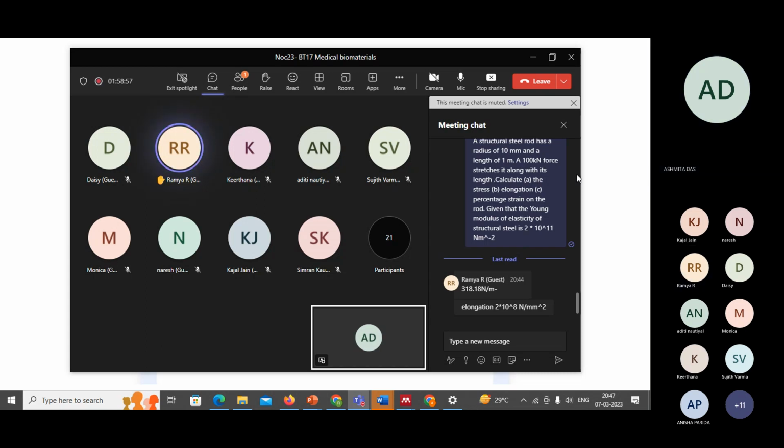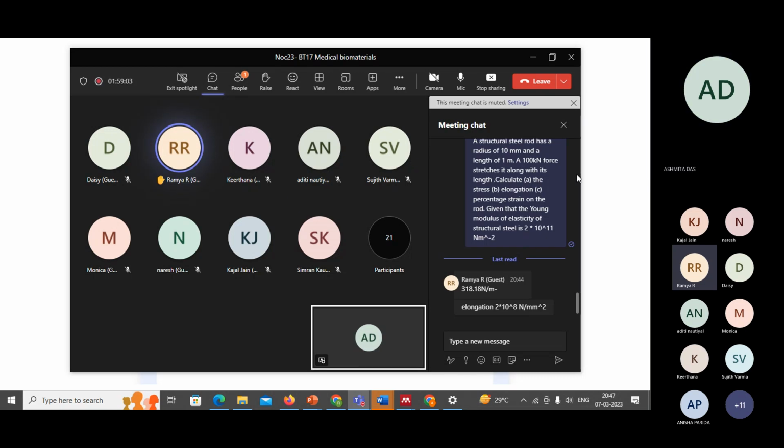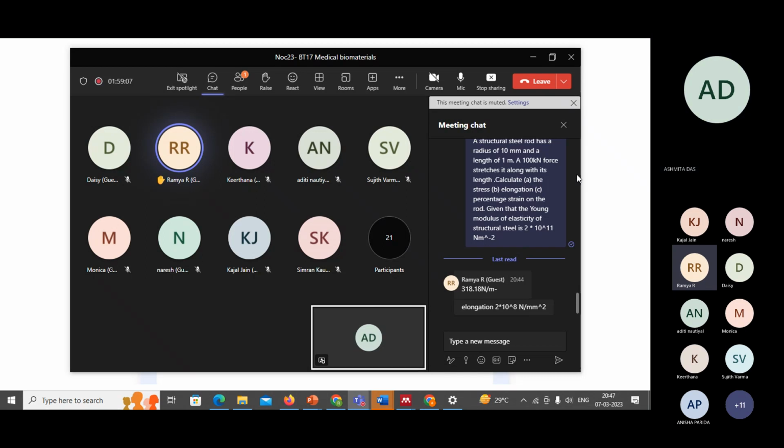Force by area is the formula. 100 kilo Newton is given, so 100 into 1000 on the top, and pi r square below. Here 10 mm is the radius. So 22 divided by 7 into 10 into 10. When you solve it, you get around 7,000 by 22, which is around 318.18 Newton per millimeter square. Is it right?